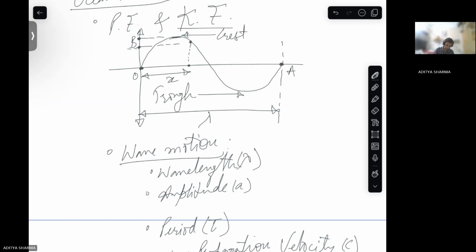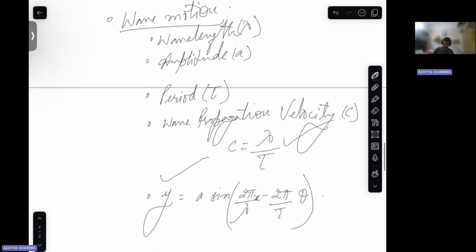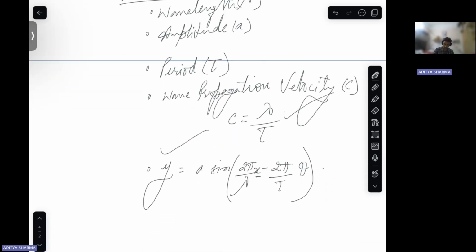Okay. So for the timing I am writing as well. Based on your x and based on the time that has passed, you can find out the displacement of the particle. And what is A? A is your amplitude. So I have already written it as amplitude. Okay.